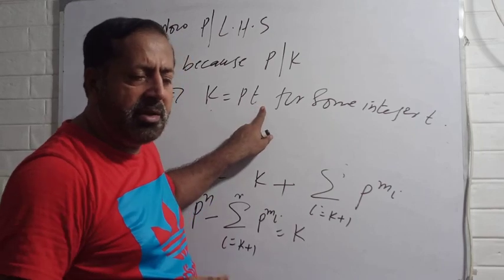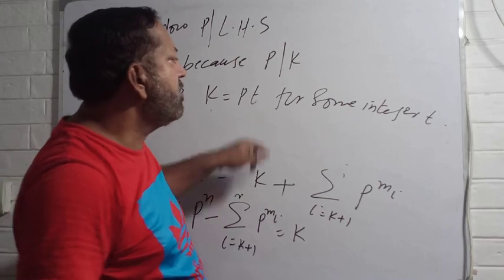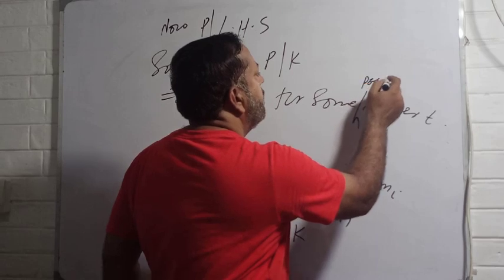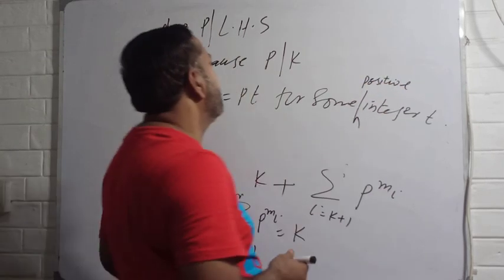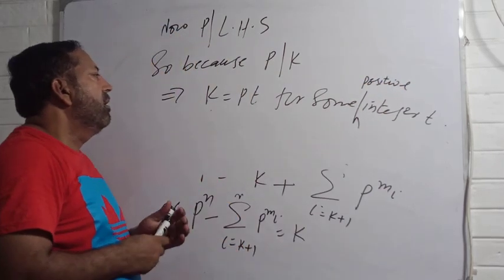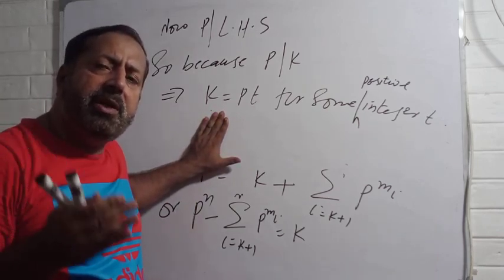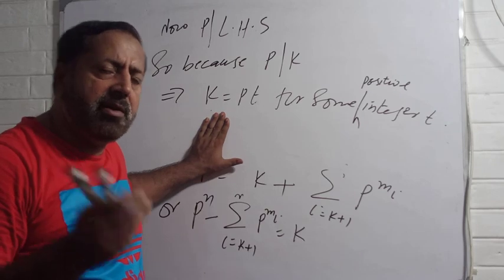Of course, T is some positive integer because P is a divisor. Right, this means that there are P or a multiple of P self-conjugate elements.